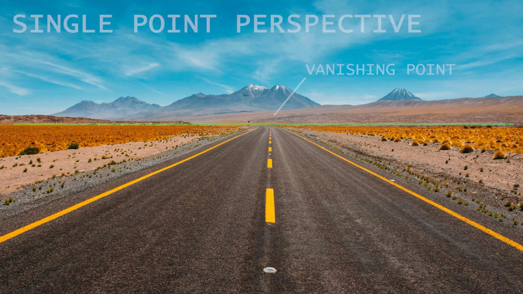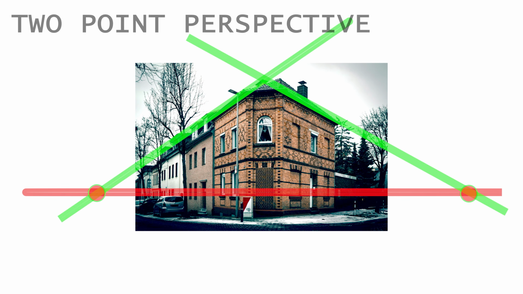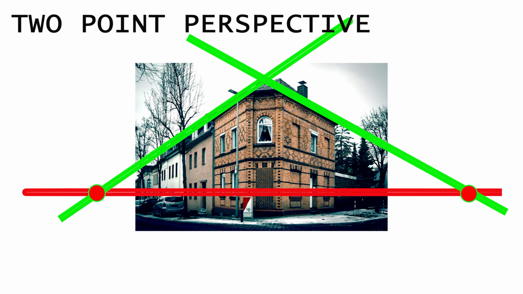And upon that horizon line, you're going to have one vanishing point if it's single point perspective, so you're looking down a road, everything goes to that point. Or if you're looking at where two roads come together, so you're looking at a house on a corner of a road, you're going to have two vanishing points. So I can show you here with these simple reference images.